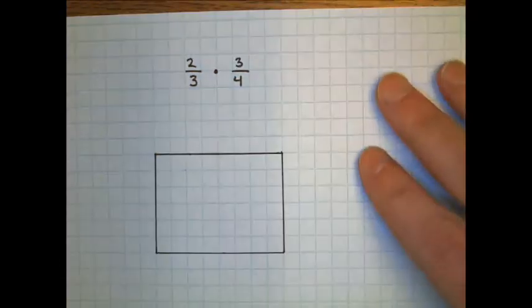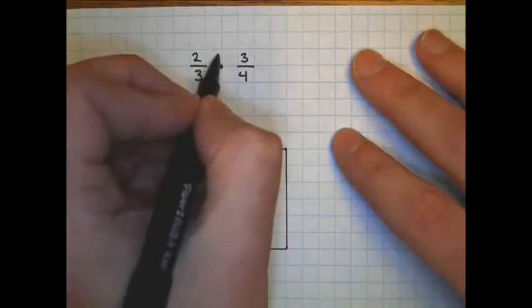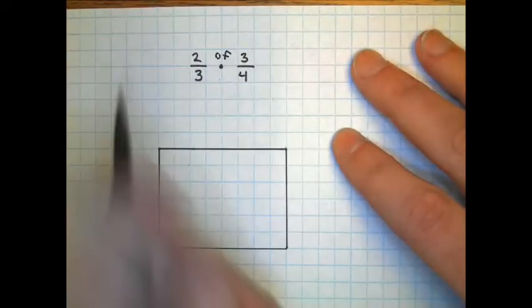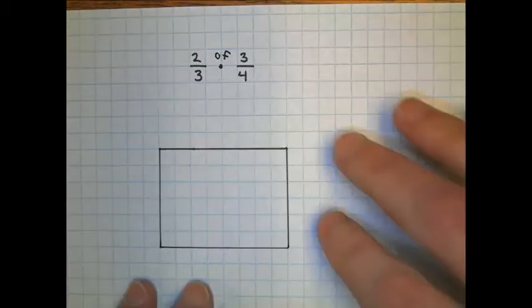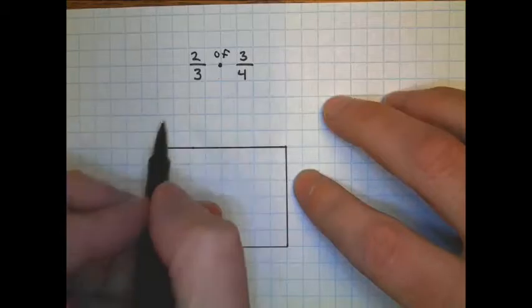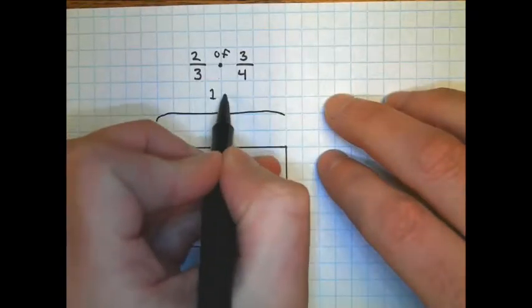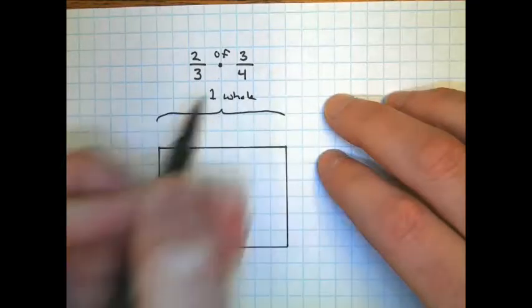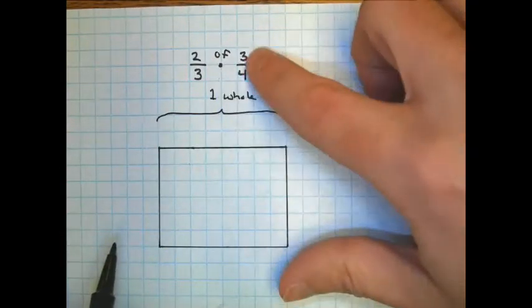Let's take a look here at 2/3 times 3/4. Again, I'm going to think of that times as "of," because it helps me understand that problem a little better. I'm going to start with my whole again. So this is my one whole, and I'm starting with my 3/4. I'm taking 2/3 of this piece.